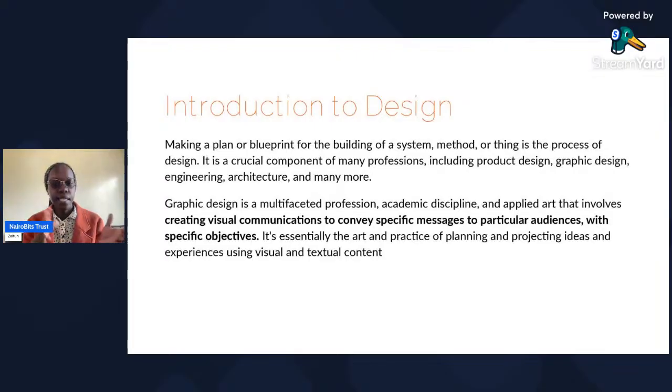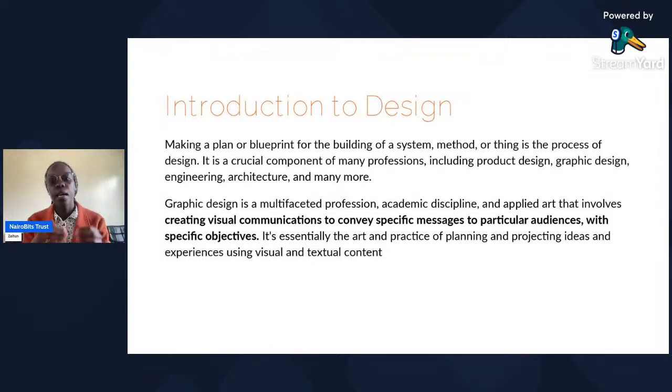What basically is design, as a general term? Design is making a plan or a blueprint for building a system or a method. It's a process of planning something crucial and then bringing it out.